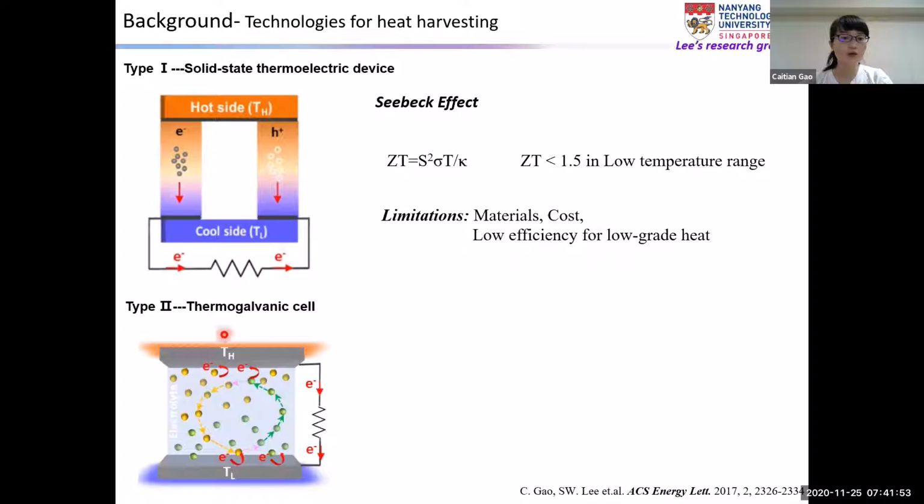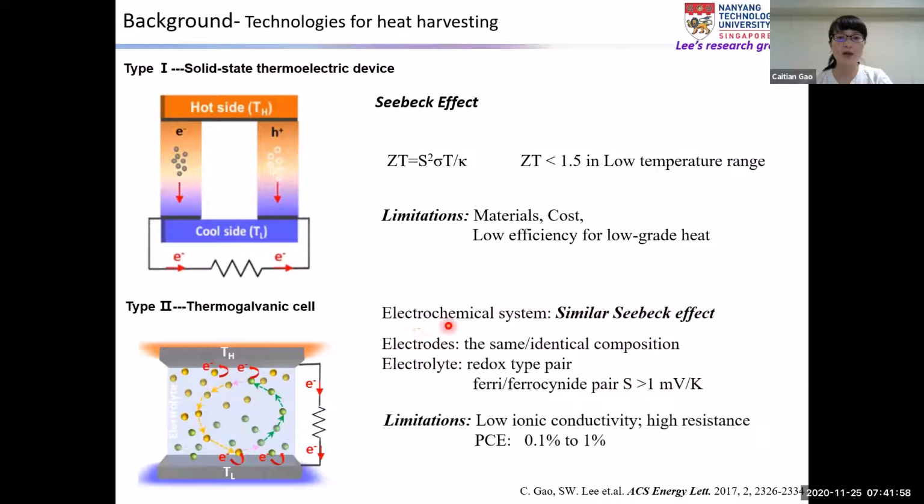The second technology is the thermogalvanic cell. This cell is an electrochemical system. Normally, in the electrochemical system, the redox reaction also has a similar Seebeck effect. For such ferrocyanide pairs, the temperature coefficient is larger than 1 millivolt per Kelvin.